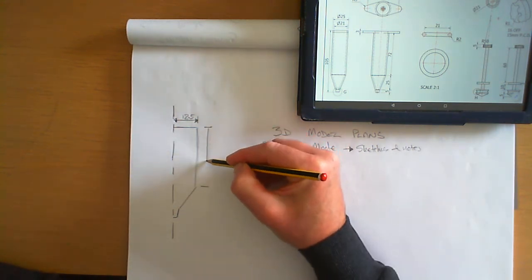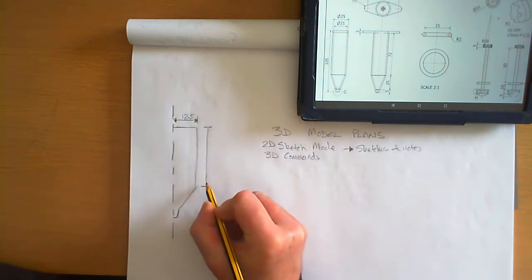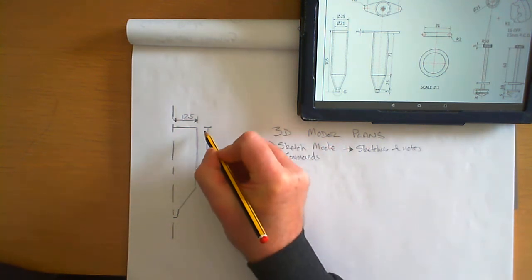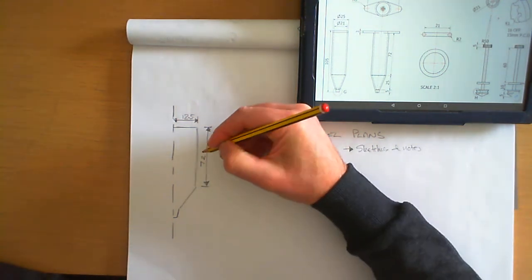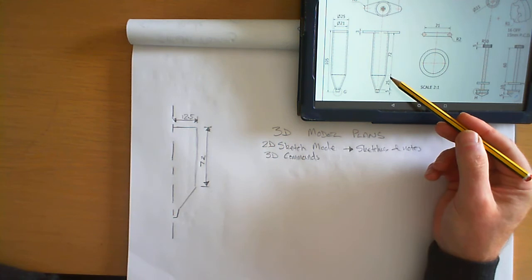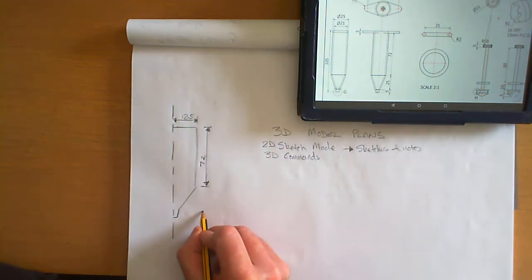So I've got this distance here, and looking at my sketch, or my drawing that I have on the screen, I can see that that distance there is 72 millimeters. I'm then going to add on the distance down here, which is a further 25.